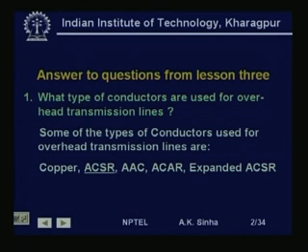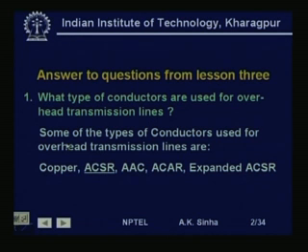Before we start this lesson 4, first I would like to take up the questions that we asked in lesson 3. First question was, what are the types of conductors used for overhead transmission line?